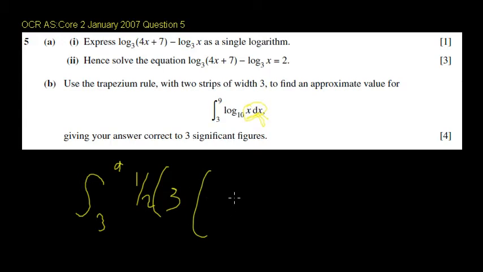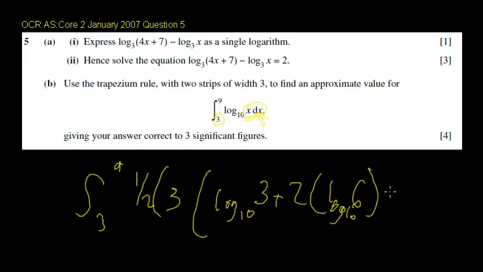We take our y of the first term, which would be log 10 of 3 in this case, because that's our first term, plus 2 times, I'll show you the beauty of it in a sec, log of 3 plus 3, since it's width 3, is just 6, log base 10, of course, plus log base 10 of 9.